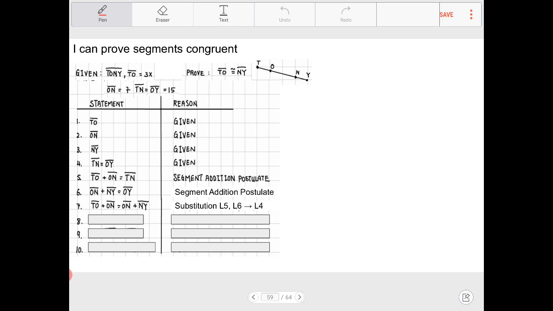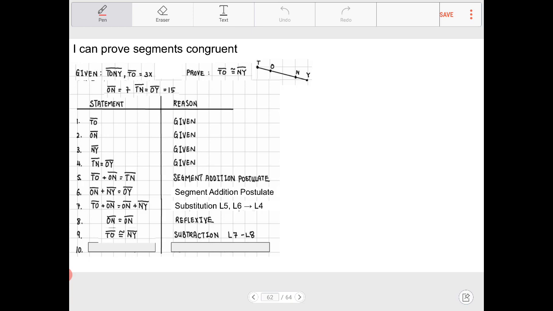Lastly, notice that in line 7 I have ON on both sides. Well, since I know ON is congruent to itself or is equal to itself, I can say reflexive. And again, I want to subtract line 7 and line 8 to get TO is congruent to NY. And that's because of subtraction between line 7 and line 8.